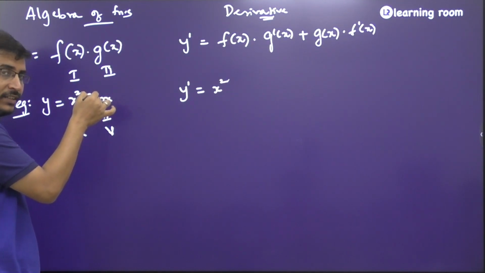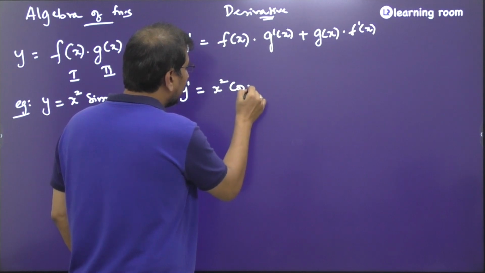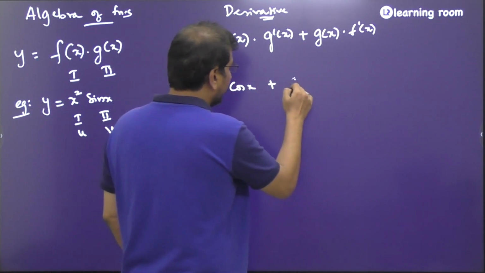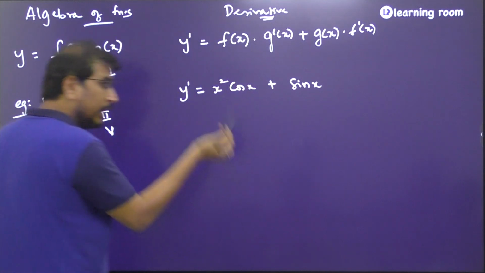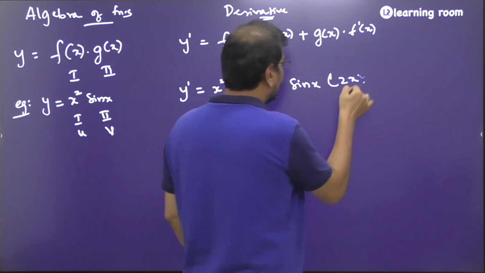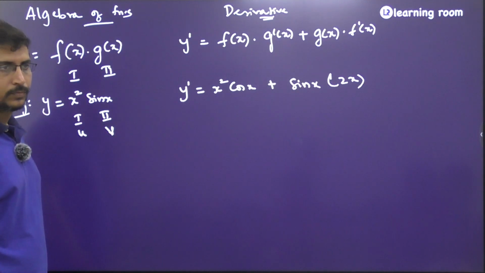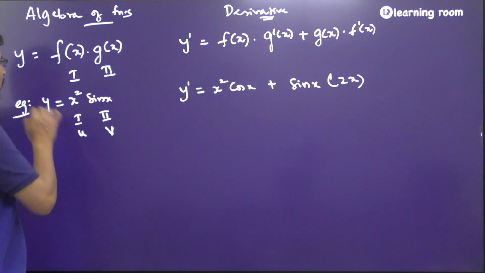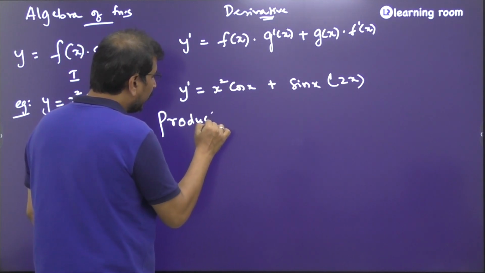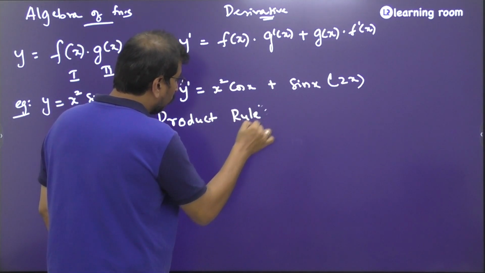What is the derivative of sin x? cos x plus second function into derivative of first function. Done. This answer. And this kind of a rule, you call it as product rule.